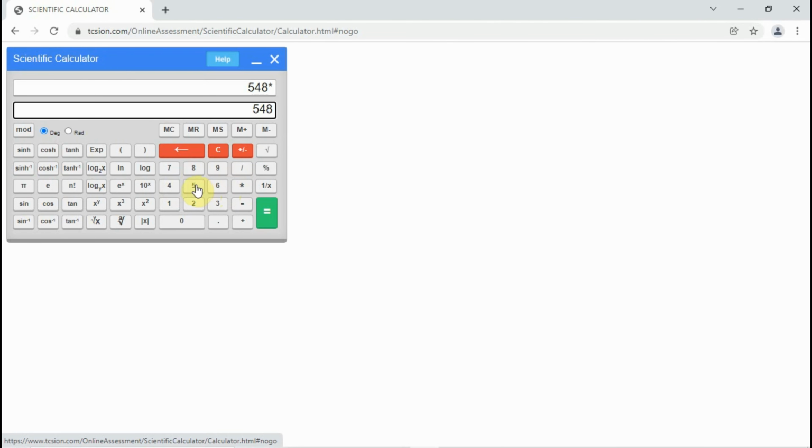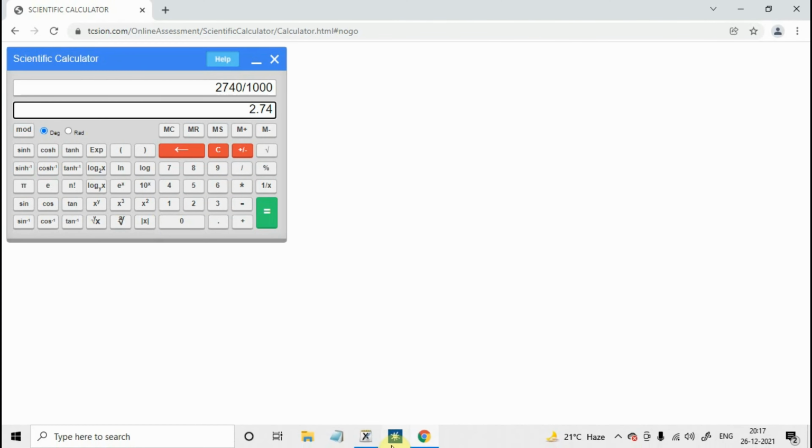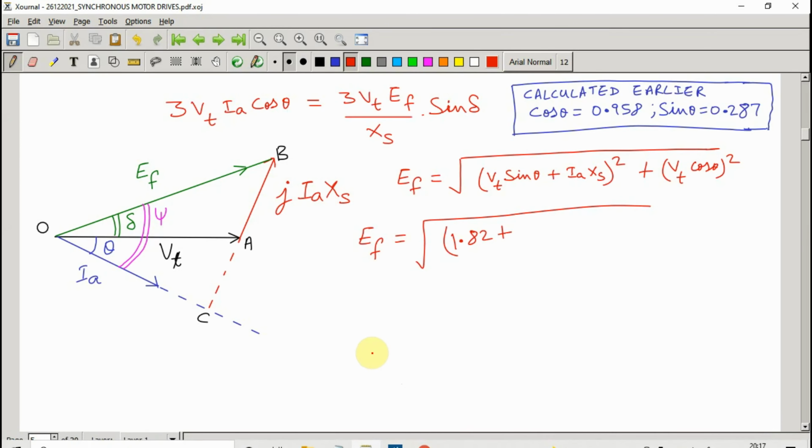So 548 into 5 is 2740. But I have expressed Vt in kilovolt, so I have to also express this in kilovolt. I divide by 1000 and it is coming as 2.74. So 1.82 plus 2.74, you add this and then square.